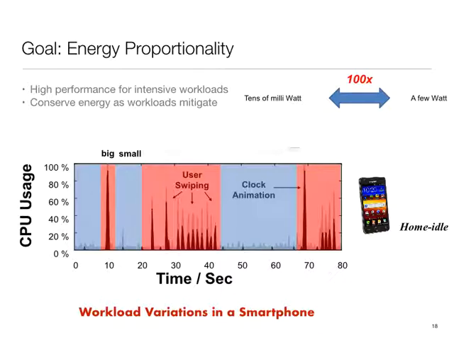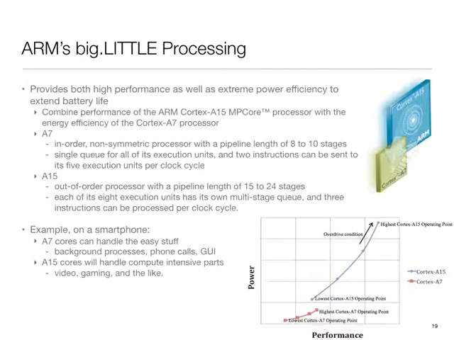Other times it's basically moving between the big processor and little processor, and workload prediction becomes an important part of this as well. So the intelligence is all in the scheduler of the OS.